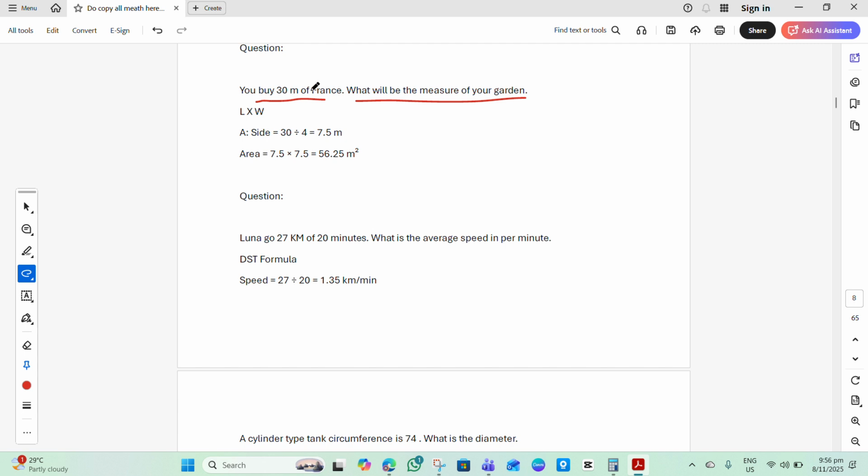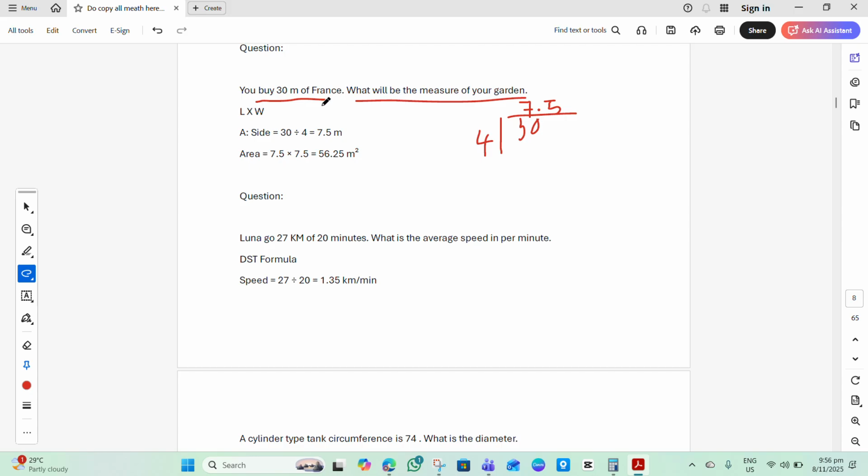Okay, you buy 30 meters of fence, what will be the measure of your garden? So what should you do? Area is length times width. So 30 divided by 4 is 7.5.